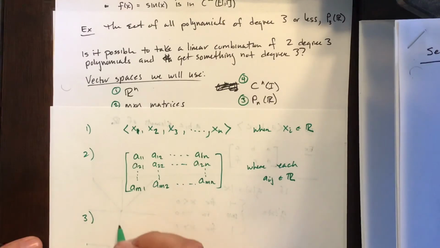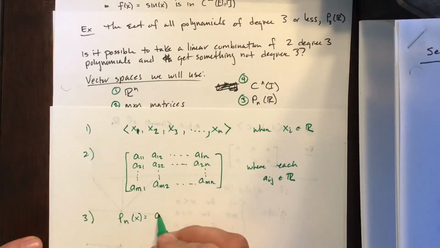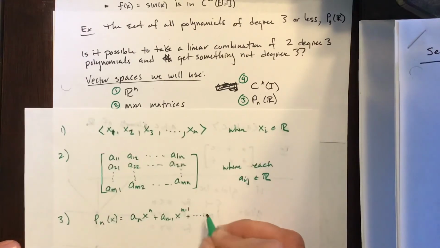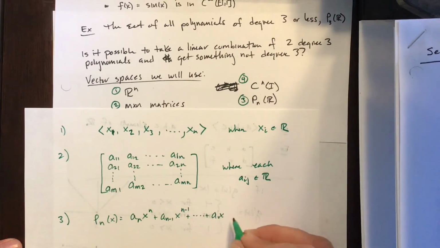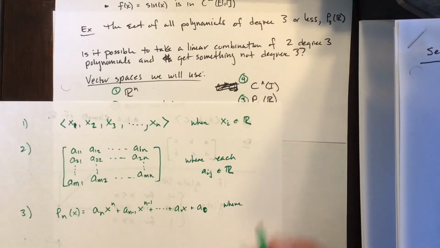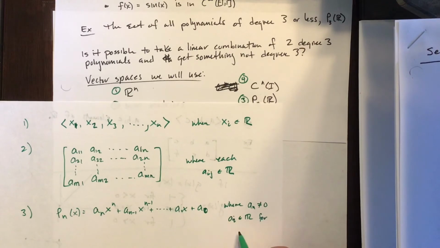So a polynomial of degree n, p_n of x, would look like a_n x to the n plus a_(n-1) x to the n minus 1 plus dot dot dot a_1 x to the first power plus a_0, where a_n has to not be equal to 0, but a_i is an element of the reals for i equal 0, 1, all the way up to n minus 1.